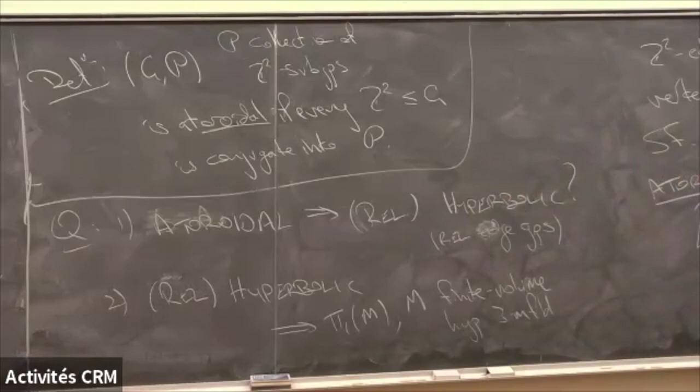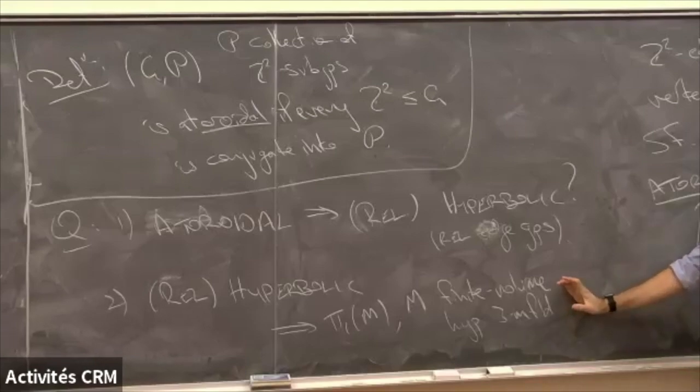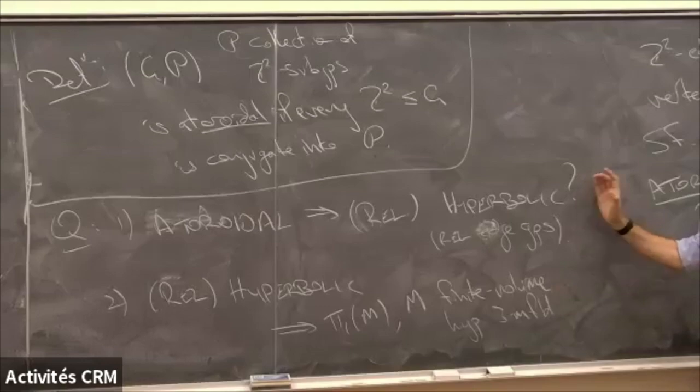And again, if there are none, it should be a closed hyperbolic three manifold, and that would be the Cannon conjecture. So each of them is a two-part question. One, this absolute statement: if there are no z squared subgroups, are you a hyperbolic group in the sense of Gromov? And then if you are, are you a real hyperbolic three manifold? And then the relative statements when you have these peripheral subgroups.